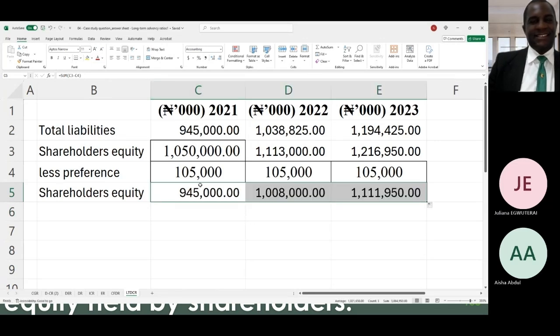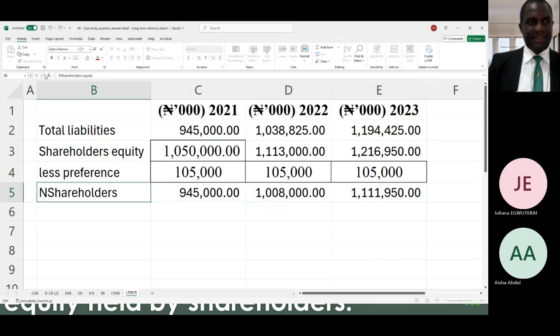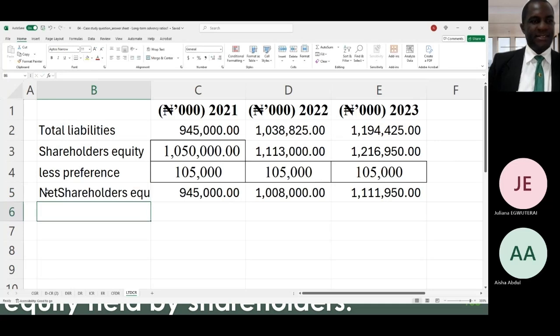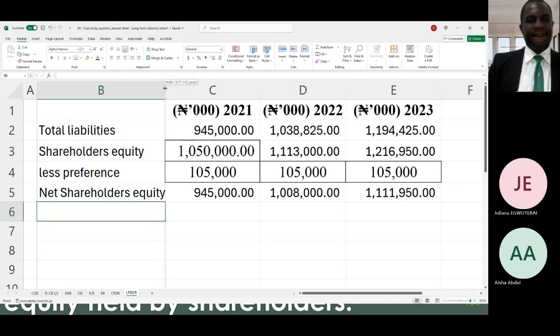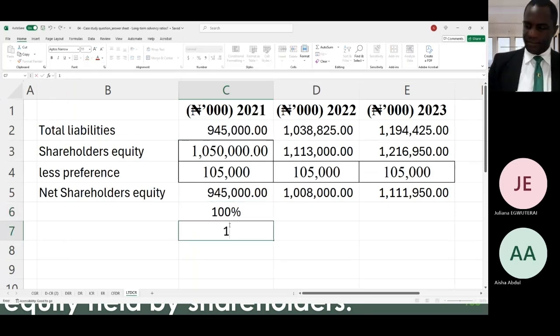I think Aisha is correct. We call this net equity since I've removed preference. Okay, so total liabilities, this is to this. Exactly, I had her say 1. So it's 1, it's 2, 1.